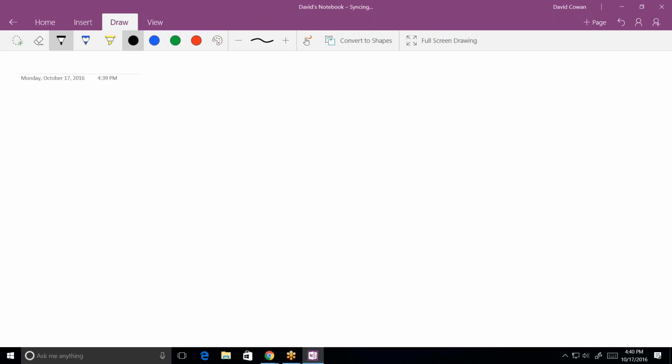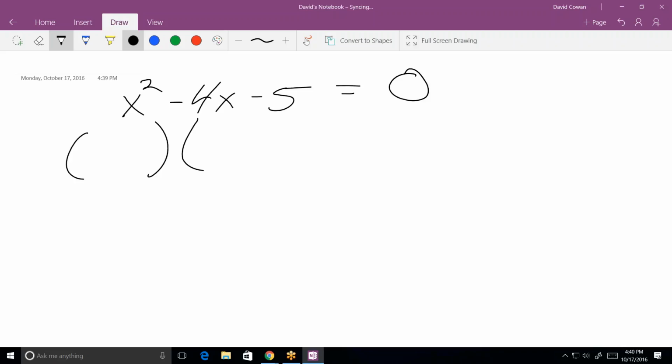Okay. So it says to use the quadratic formula. And the equation is x squared minus 4x minus 5 equals 0. Now, this happens to factor. Signs have to be opposite.